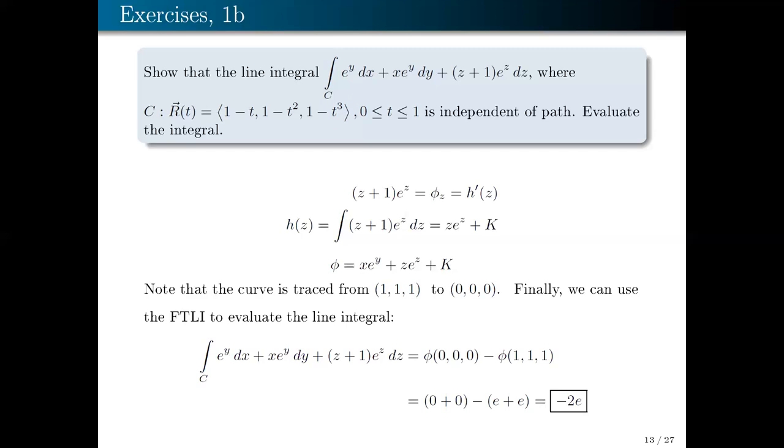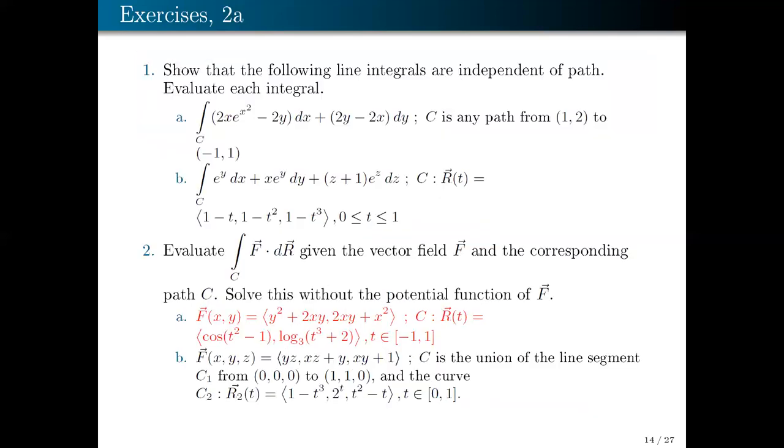All right, so far, we have been dealing with examples of line integrals wherein we need to solve for the potential function. So we have the first 2 examples like that. For the next pair of examples, we have this instruction. Solve the line integral without the potential function.